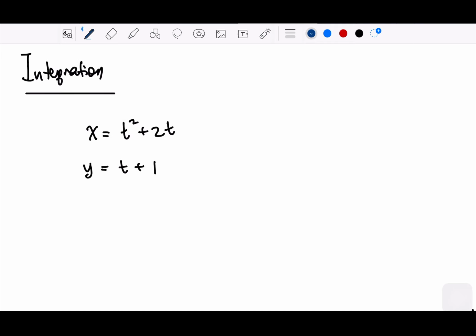I think we could take this. Why the t is 1 plus 1? Oh, should be minus. Sorry.